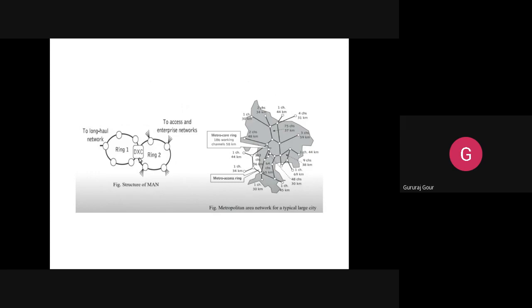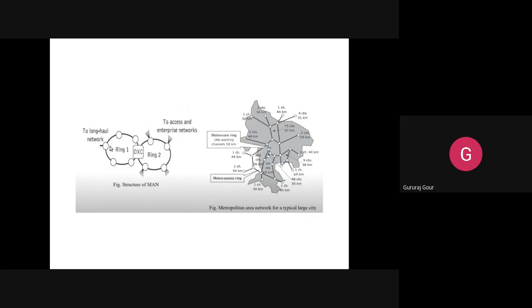So the central ring, as we have said, mainly consists of digital cross connects. Each node on the central ring will have a digital cross connect that is going to connect its neighboring networks or neighboring rings, which are known as metro access rings.